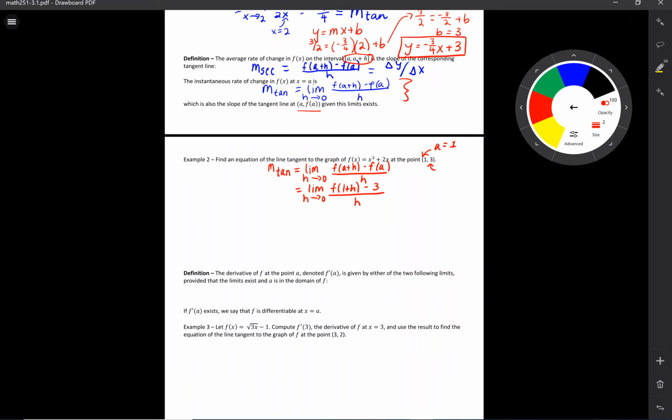But I need to find f of 1 plus h. In order to find f of 1 plus h, I have to plug in 1 plus h wherever I see an x in my function here. So f of 1 plus h is equal to 1 plus h cubed plus 2 times 1 plus h.